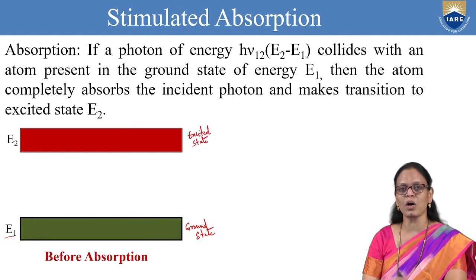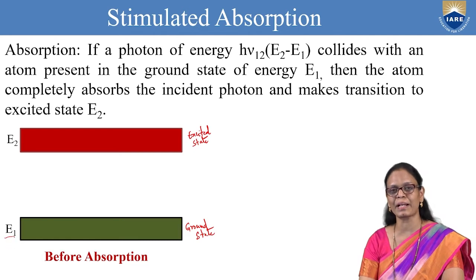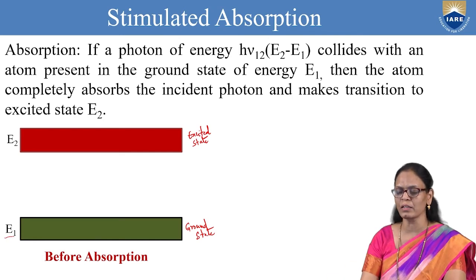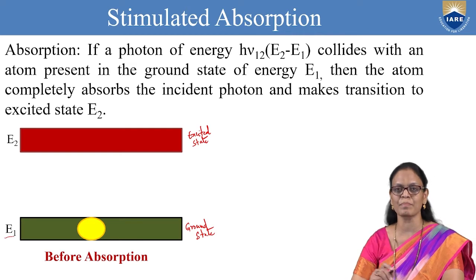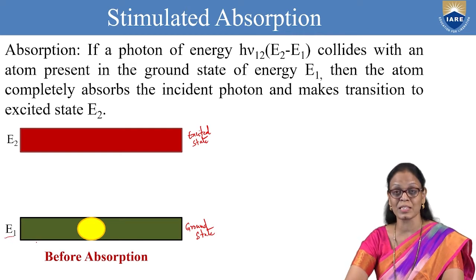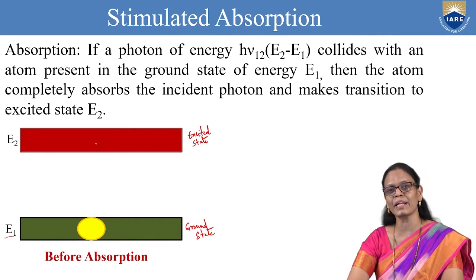So the energy of the ground state is represented by E1 and the energy of the excited state by E2. The atoms are generally in the ground state, whose energy E1 is less when compared to E2.